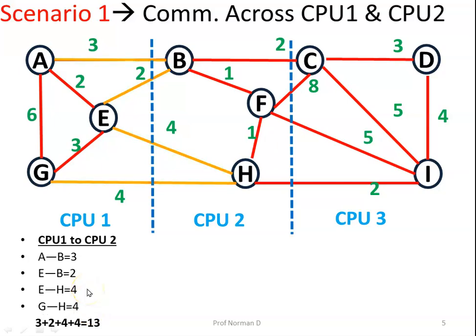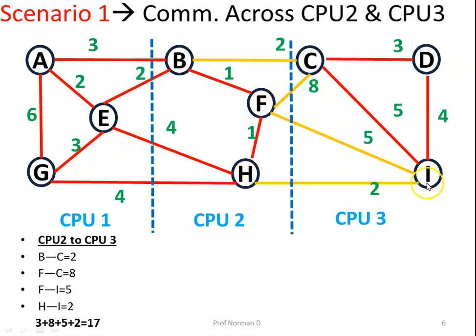Now we will calculate the load between CPU 2 and CPU 3. So we consider the arcs where the blue lines are intersecting. So the arcs are B to C, F to C, F to I and H to I. So the load is 2, 8, 5 and 2.